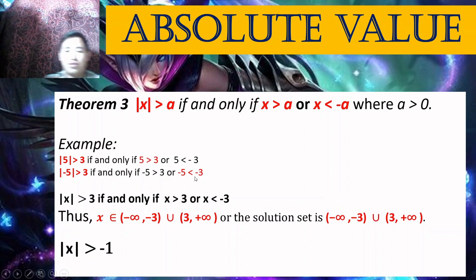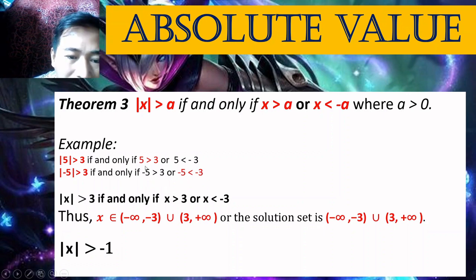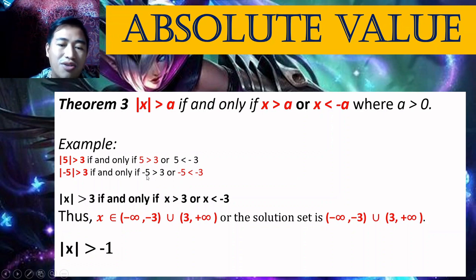So, dili class ang true kay kanilang false man eh. Dili man greater, di man dako si negative 5 kang 3. Okay. Kung asa ang dako nga value niya, gamay man eh. So, dili class, dako si negative 3 kang negative 5. So, this is true. So, hence class, if the absolute value of x is greater than 3, if and only if x is greater than 3 or x is less than negative 3.